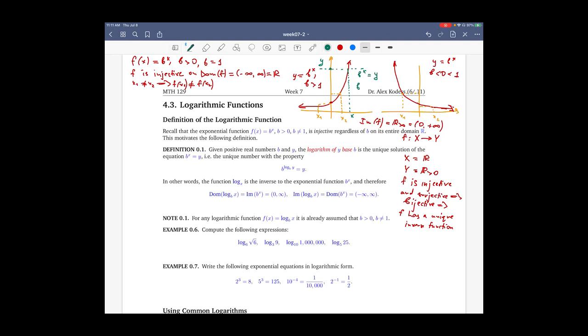That number is called the logarithm of y base b. Here is the formal definition.